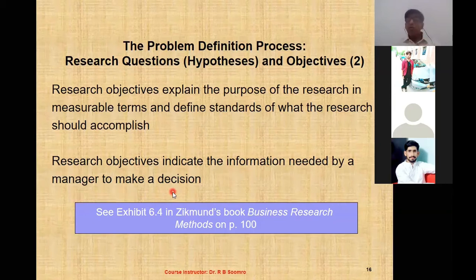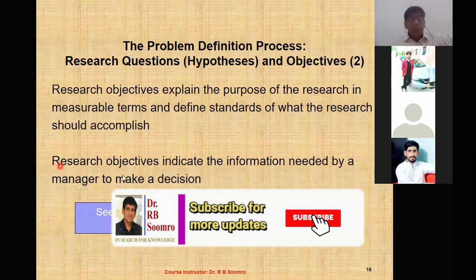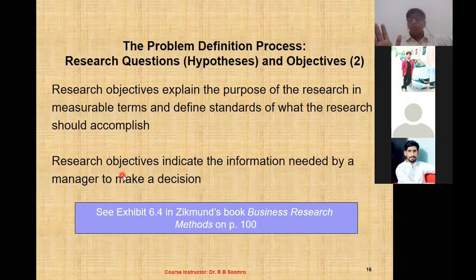Because how will the manager decide? Definitely, the manager will decide when you are accomplishing the research objective. So whatever you provided, these research objectives will help your manager to make a decision.